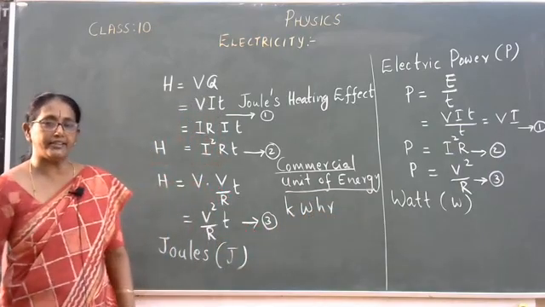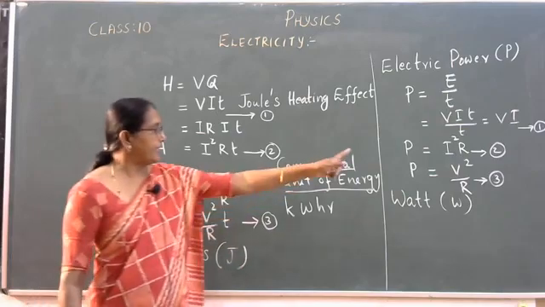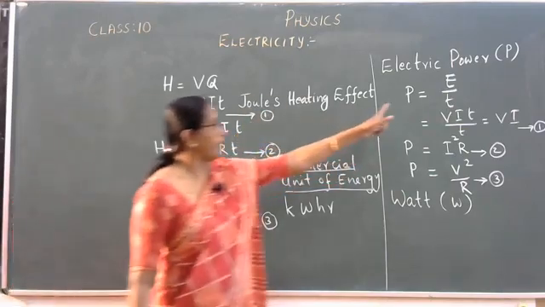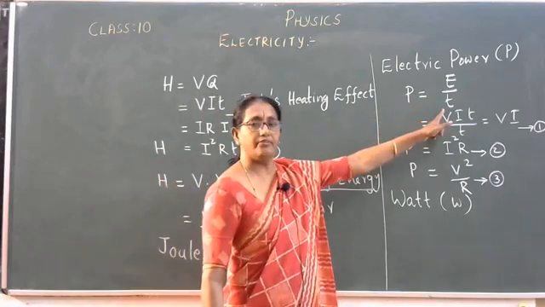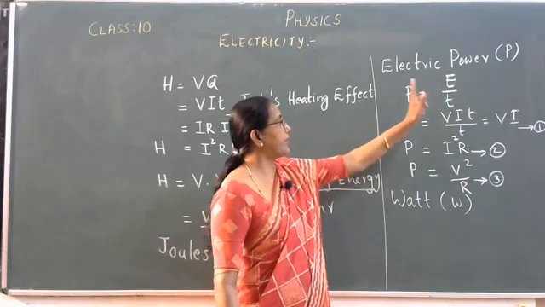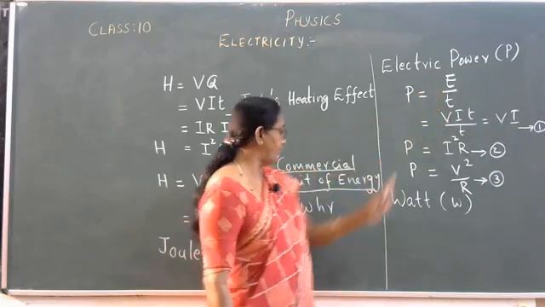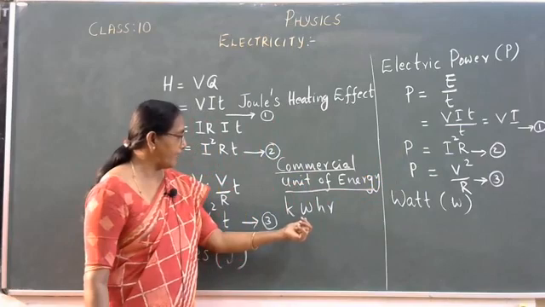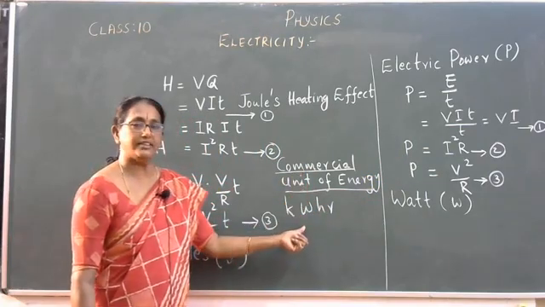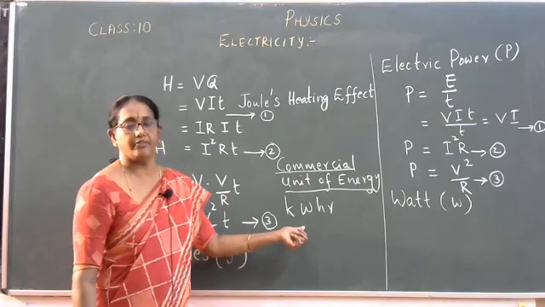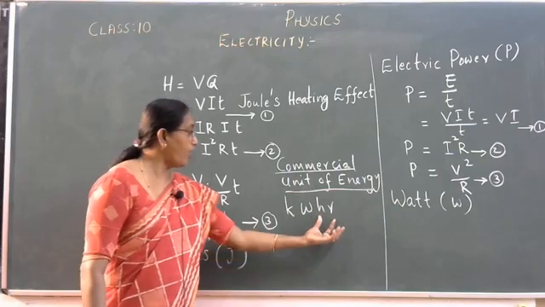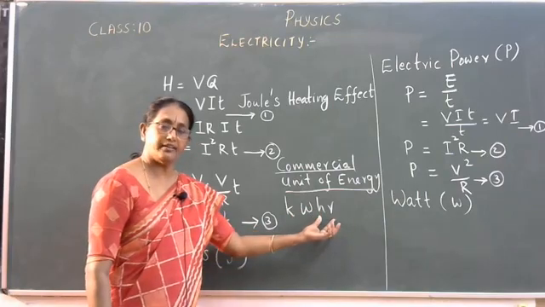So how are we getting this kilowatt hour? There we have seen that power into time is again equal to energy. Yes, power into time is energy. Therefore, if the power is in kilowatt and the time is in hour, we are getting a new unit for energy which is called kilowatt hour. So kilowatt is the higher unit for the power and hour is the higher unit for the time.